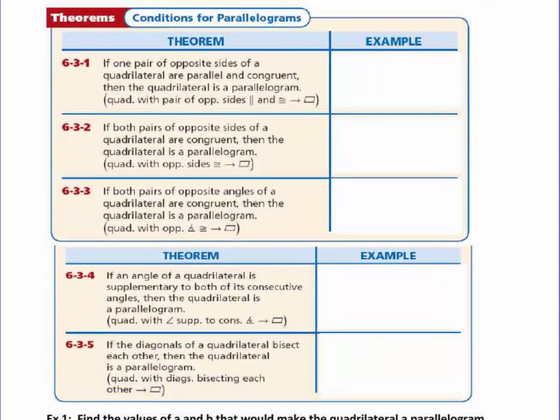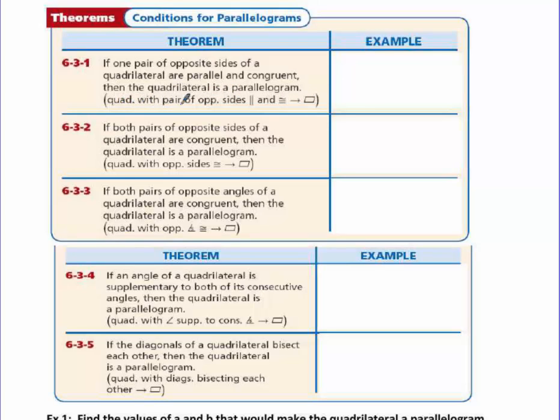These are all things that you already kind of know, so we're going to go really fast through them. The first theorem says if one pair of opposite sides of a quadrilateral are parallel and congruent, then the quadrilateral is a parallelogram. And so over here we're just going to draw examples of all these theorems, and when you see these things you're going to know that it's a parallelogram.